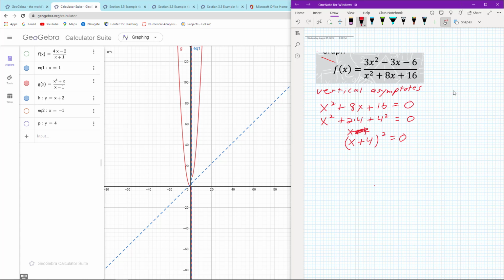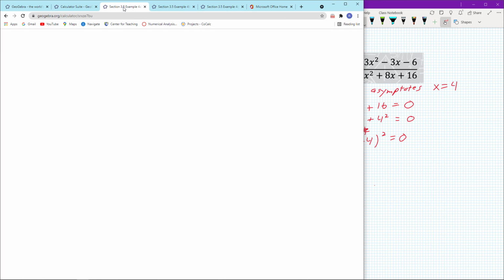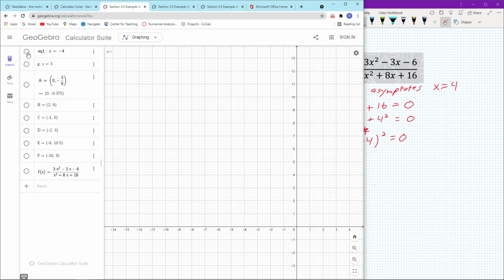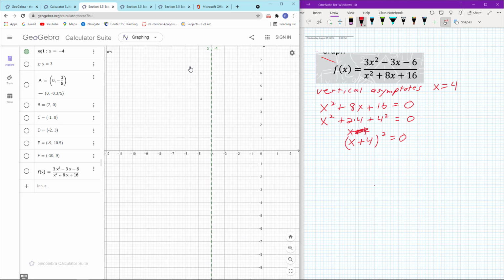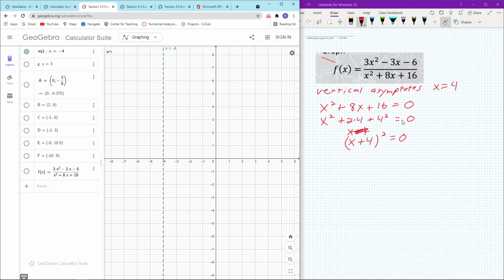As a consequence, we have a vertical asymptote at x equals negative 4. And there's my vertical asymptote. That's better, and let's move this graph. So there we go. So there's a vertical asymptote.